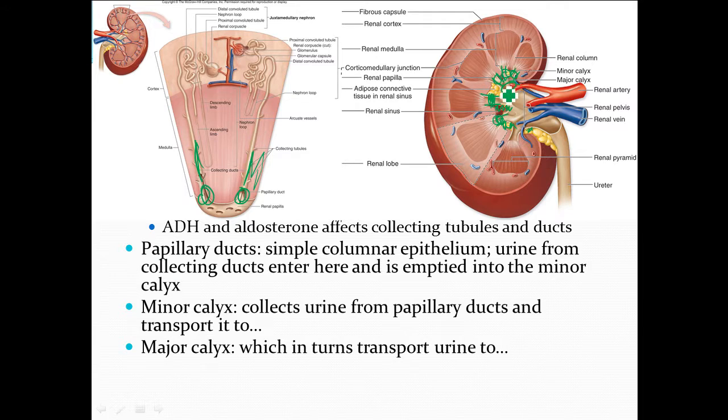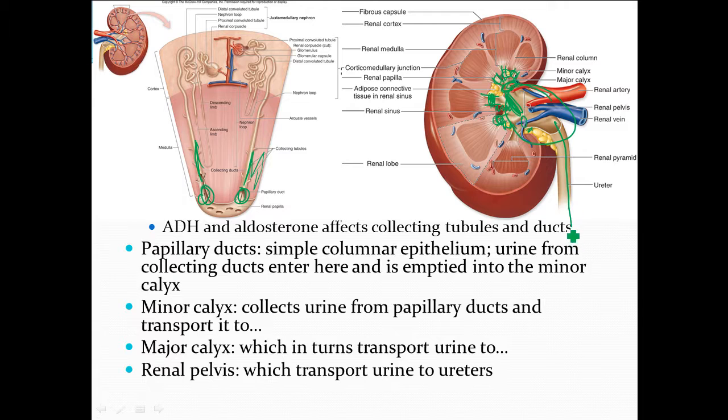So here is a major calyx here. Here's a major calyx here. And when the major calyx fuse together, they form the renal pelvis. Renal pelvis. Okay, and from the renal pelvis, now we could exit the kidney into the ureters.